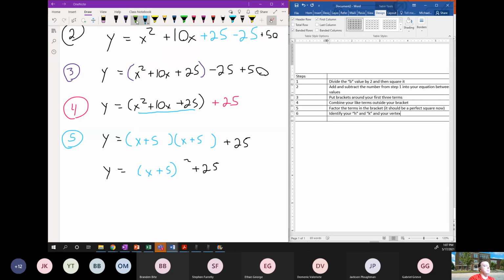So in this case, my H is going to be -5. My K is going to be 25. And my vertex is going to be -5, comma 25.